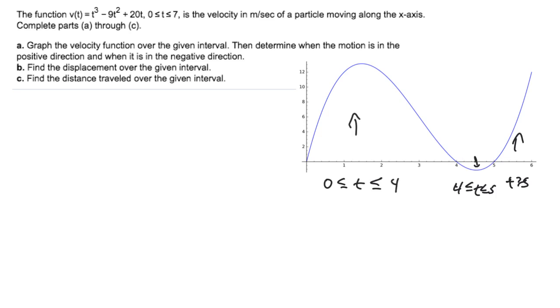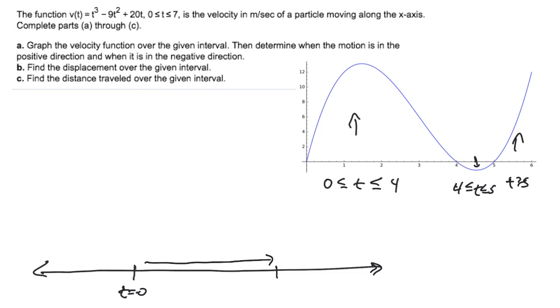So let me draw my axis down here. So imagine this is my axis. I don't really know where it's starting, so I won't try to label anything. But let's say that I'm here when time is 0. Then the graph tells me that for t going from 0 to 4, my particle is going to move in this direction.